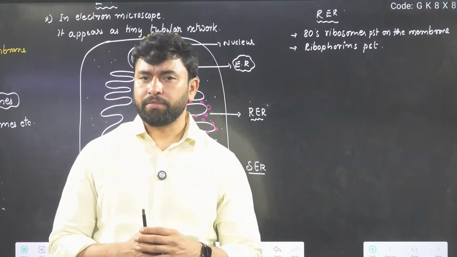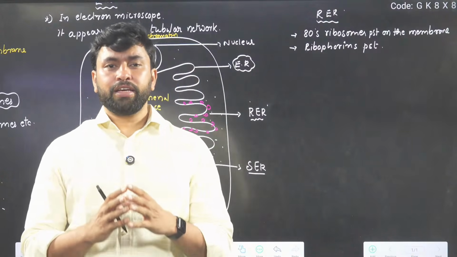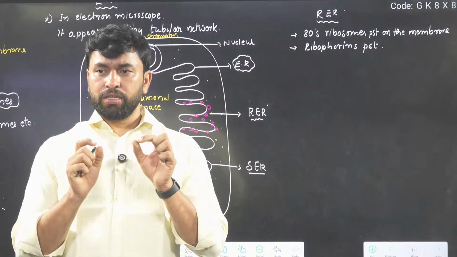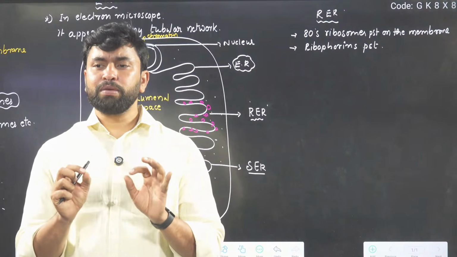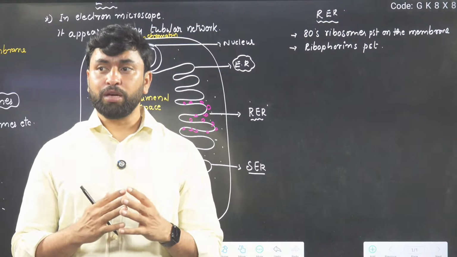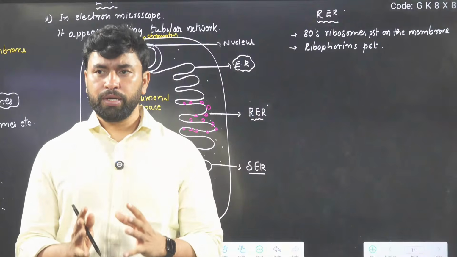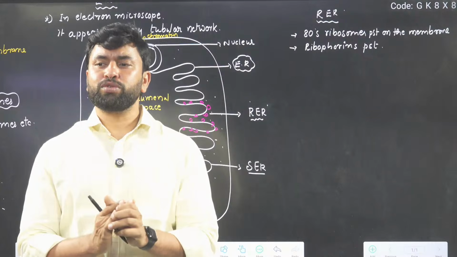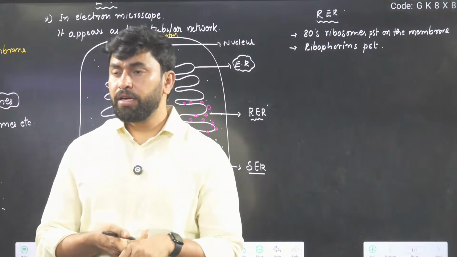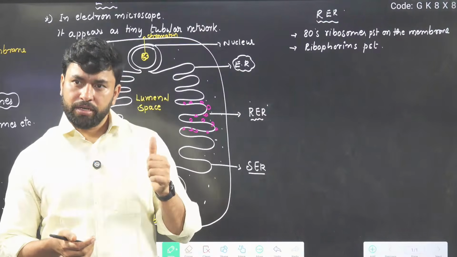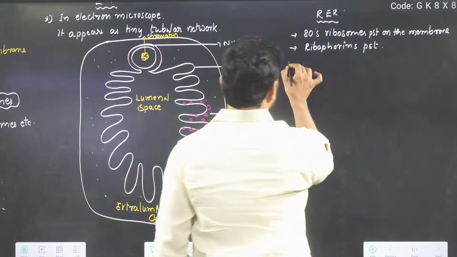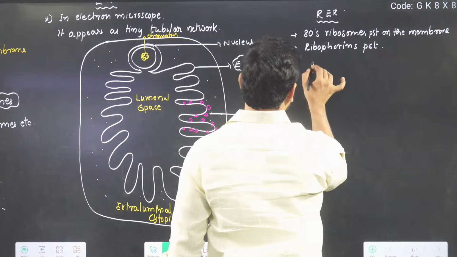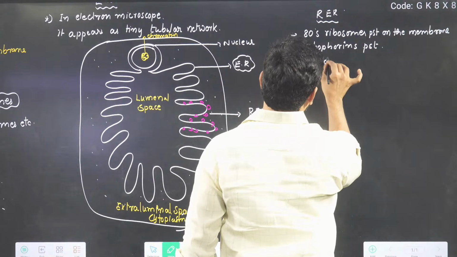Why? In the area where ribosomes attach, there is a transmembrane protein known as ribophorin. The ribophorins will trap ribosomes and make them get attached on the top of the endoplasmic reticulum.